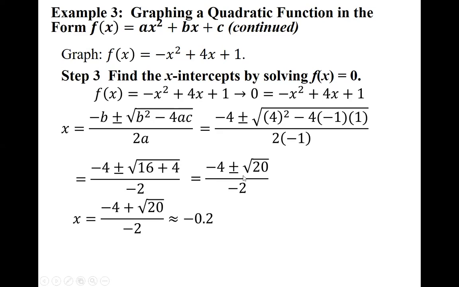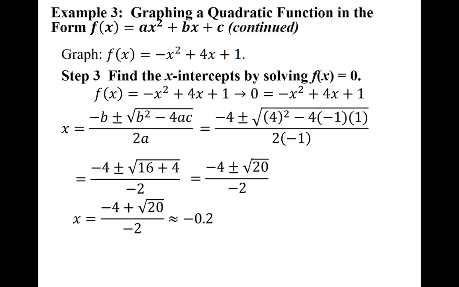Dividing top and bottom by -2, we would get 2 plus or minus radical 5. Now I'm doing that in my head because on the slide, we have a calculation to the nearest tenth.